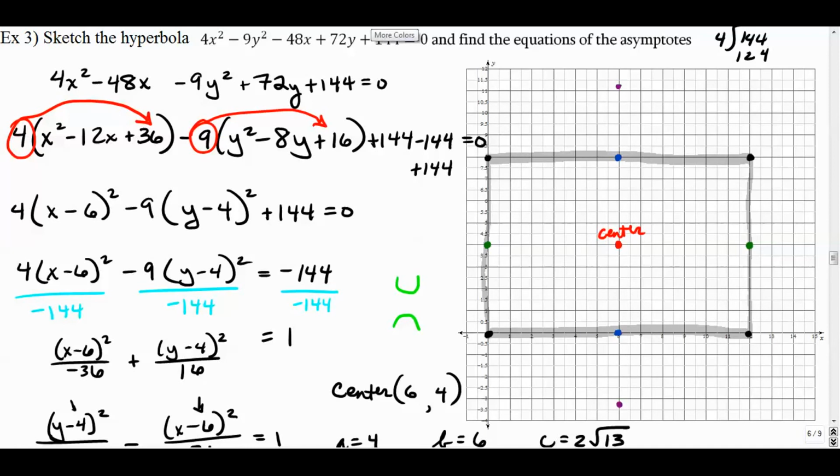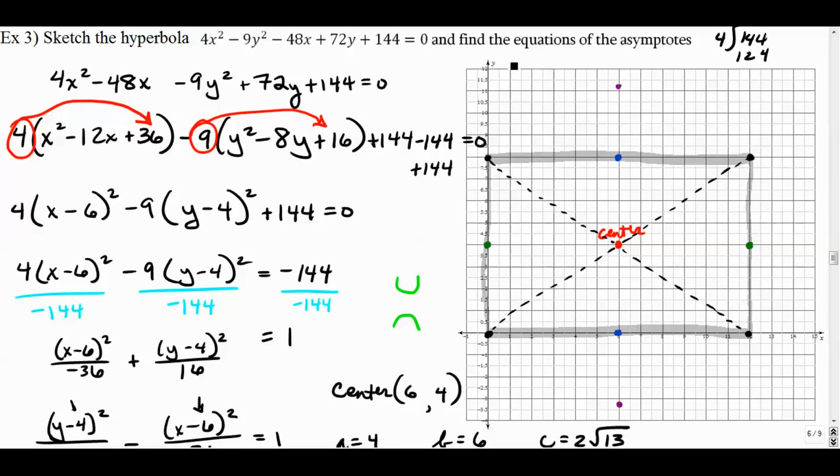because each asymptote is going to be guided by the center and that black dot. So what I want to do is very carefully draw in a dotted line that goes from the center to each corner, and same thing over here.